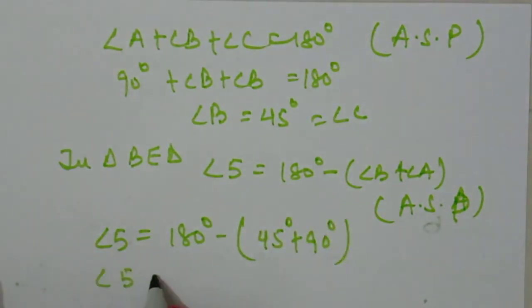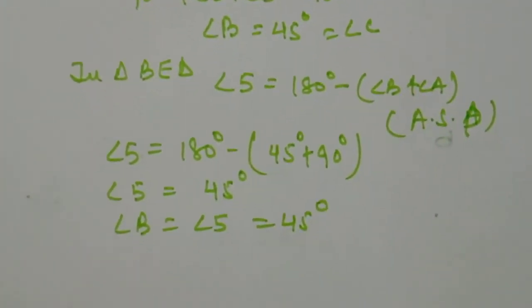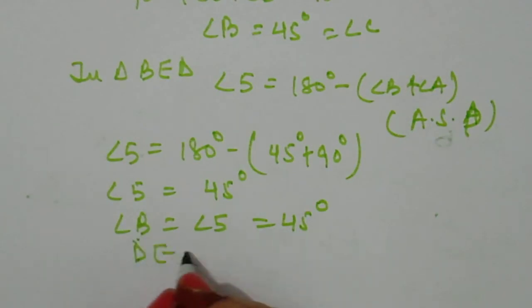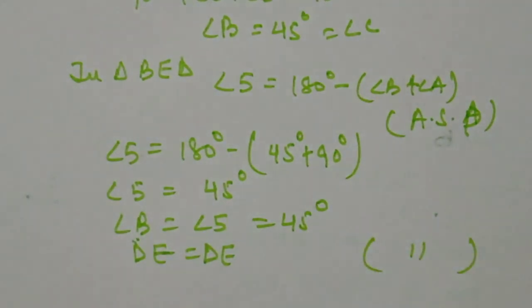So angle 5 is 45 degrees. Angle B and angle 5 are equal to each other because the measurements of these two angles are equal. So the opposite sides of these two angles are also equal, DE and BE. We have to write the reason here also, that sides opposite to equal angles are also equal.